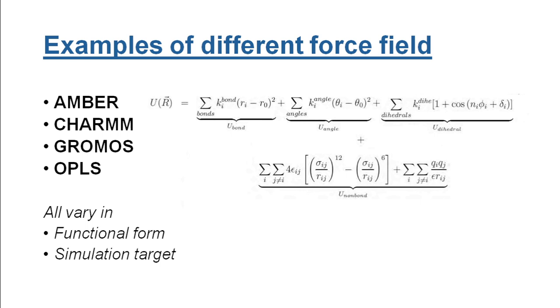When you are going to perform molecular dynamics simulation, you have to choose a force field for your biomolecules. So it's better to go through different research articles so that you can choose a suitable force field model for your simulation for your biomolecules. But conceptually they are all similar.